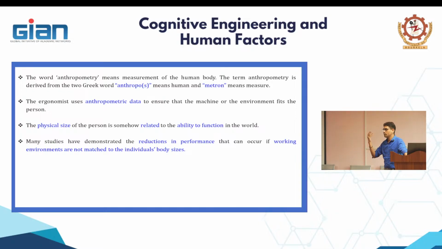Correct. So this is the mismatch. The physical size of the person is somehow related to the ability to function. So this is basically related to the example which I was quoting. The physical activity or functions which we are performing are related to the size. Maybe for a taller person it is fine, but for a shorter person it may create difficulty.